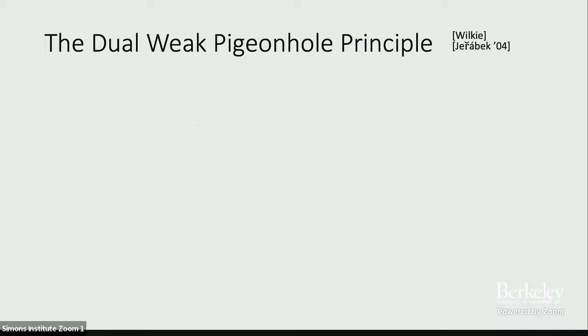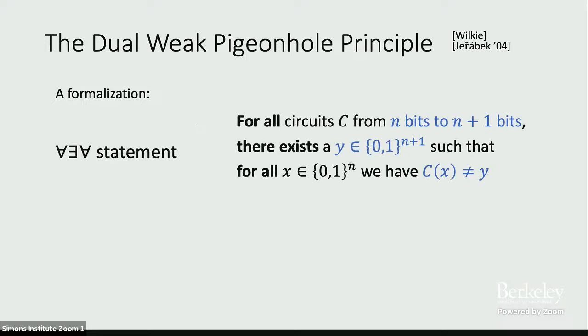The formalization that we're going to deal with in this talk, and I'll be a little informal here and more formal later, is some sort of for all, exists, for all statement. We're saying that for all circuits that map n bits to n plus 1 bits, there are 2 to the n inputs here and 2 to the n plus 1 outputs here.